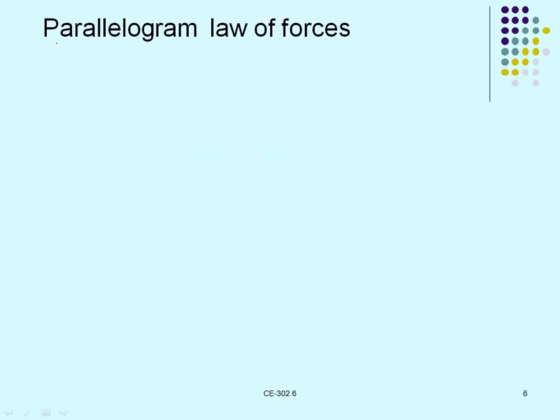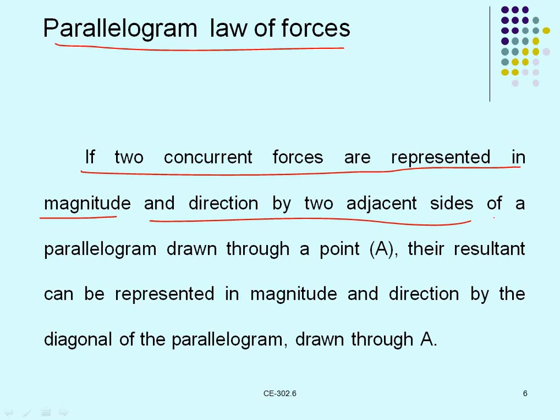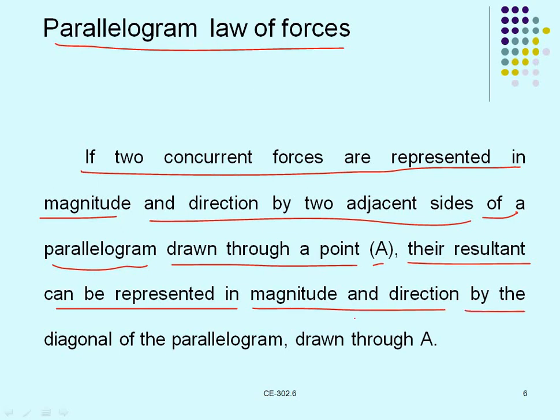It states that if two concurrent forces are represented in magnitude and direction by two adjacent sides of a parallelogram drawn through a point A, their resultant can be represented in magnitude and direction by the diagonal of the parallelogram drawn through A.